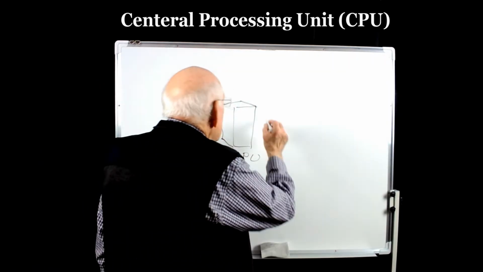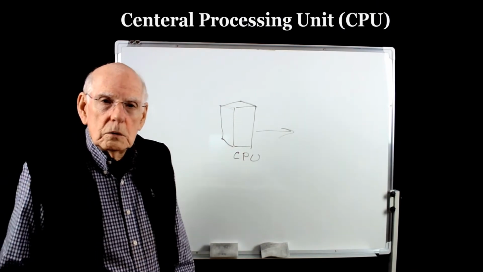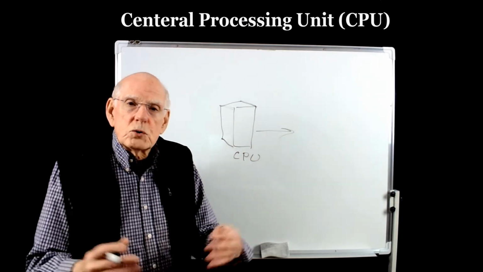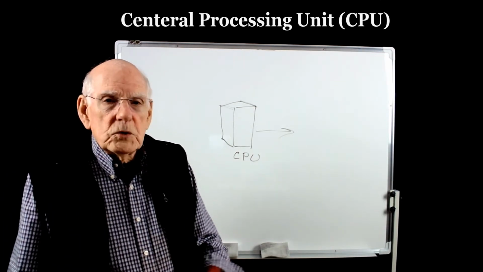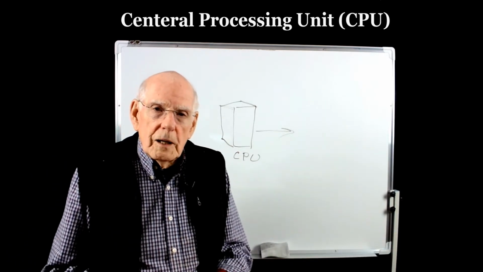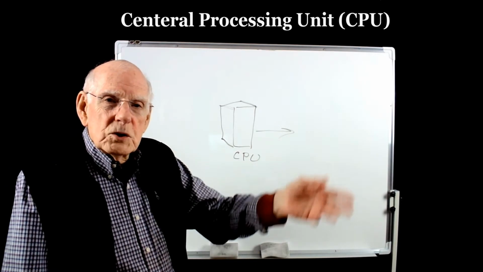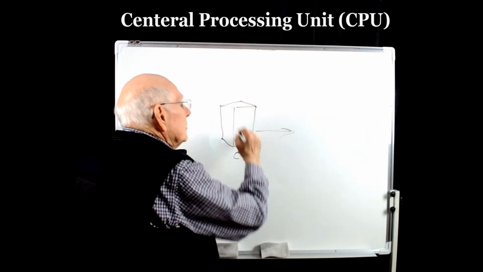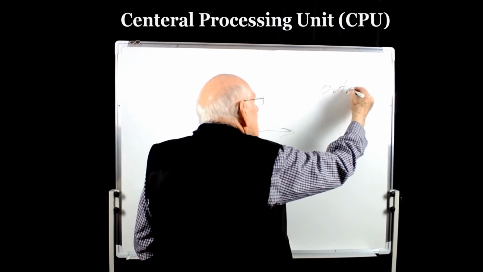And coming out of the computer is some signal. You get a signal out to do something. Now you can open your garage door, you can turn on your stove, you can send information to a printer, you can do all kinds of stuff. Turn on televisions, all kinds of stuff. So you have the CPU, and then you have an output, some kind of an output.